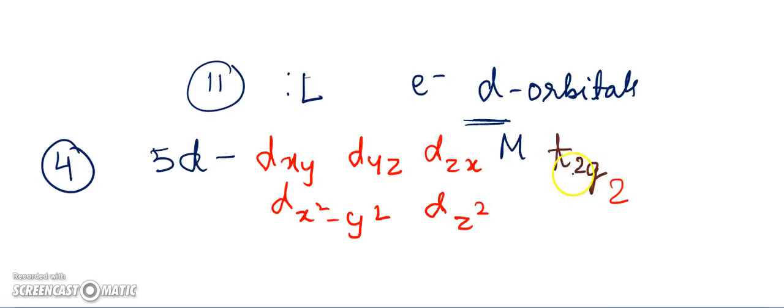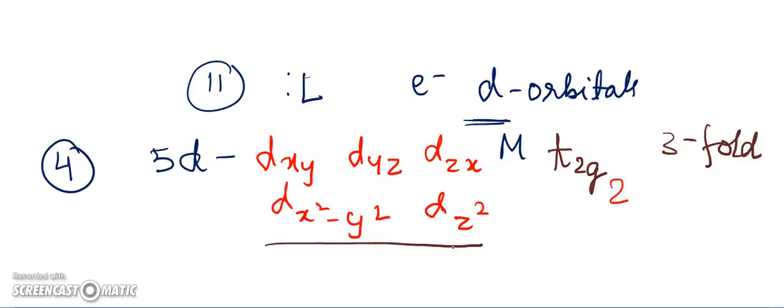These T2G orbitals are 3-fold degenerate, and these are the non-axial orbitals. And the other set, dx square minus y square and dz square, orient along the axis, and they are called EG, pronounced as EG.